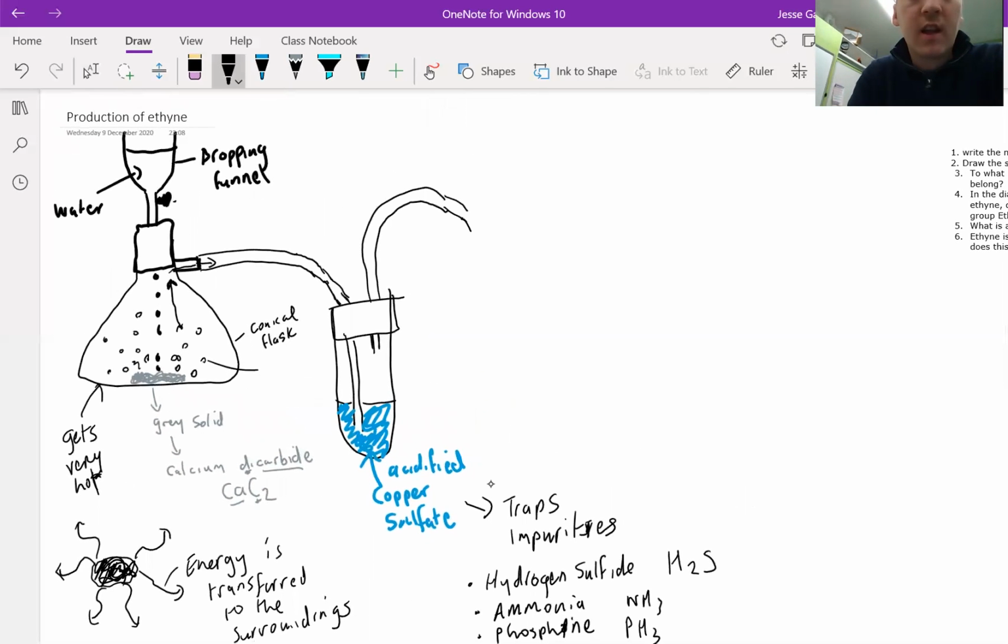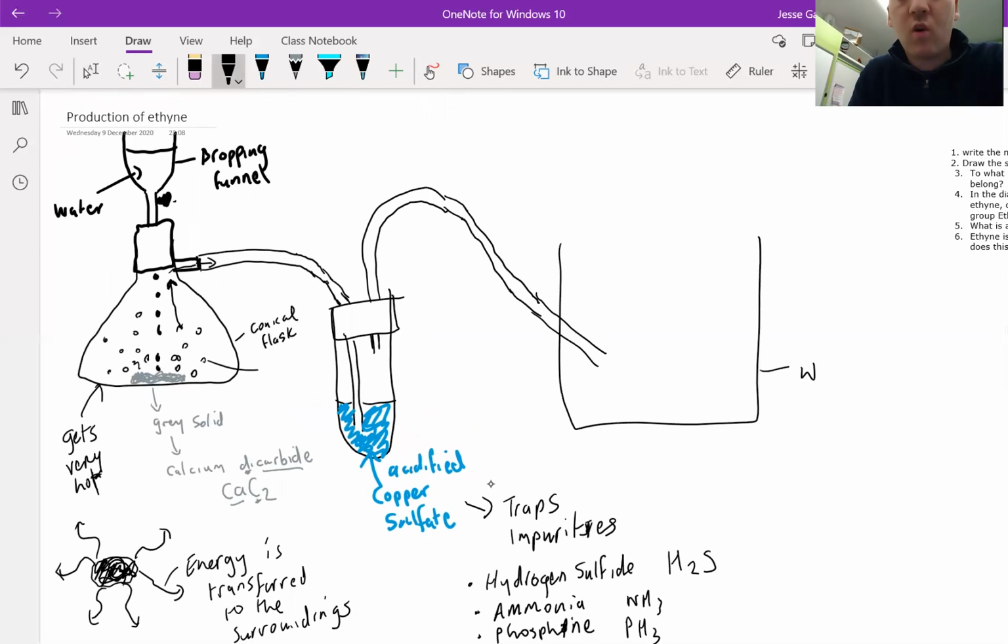We then, just like we did with the ethene in the previous experiment, are going to collect it over water. I'm hoping that you've already watched that video. This is a water trough, and we've got our beehive shelf, and on top of our beehive shelf we've got a test tube full of water.